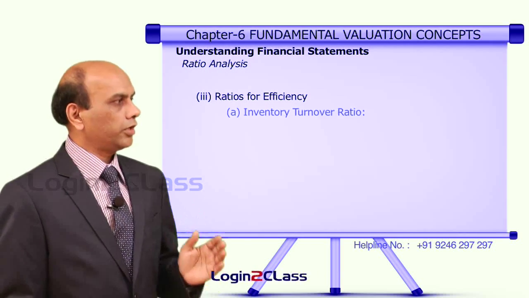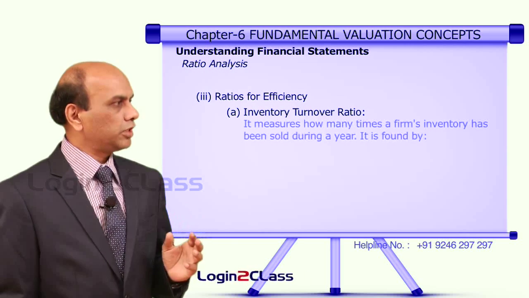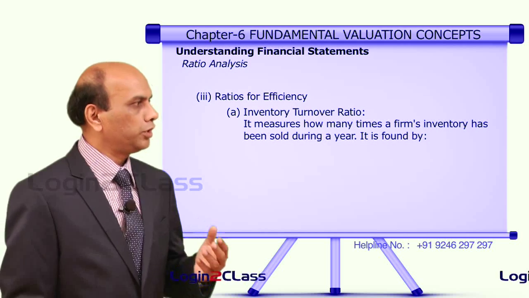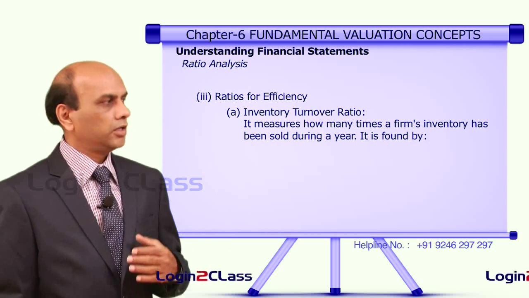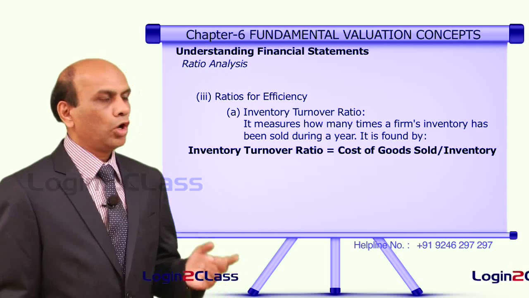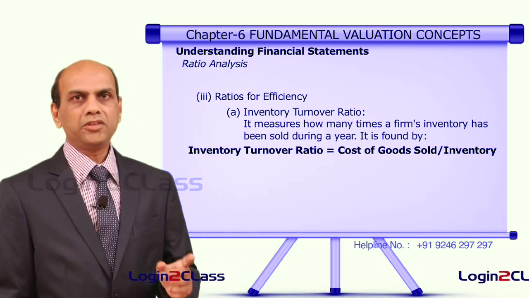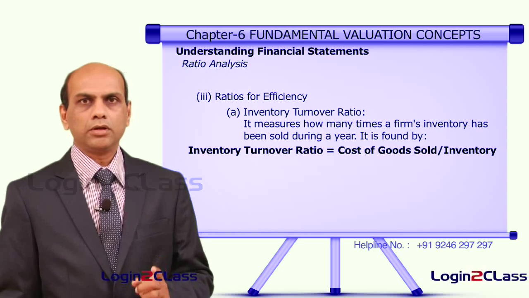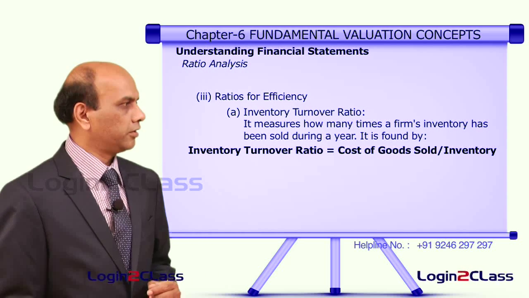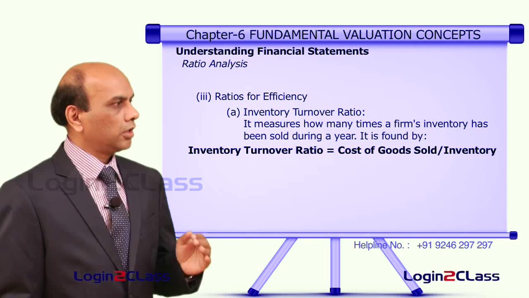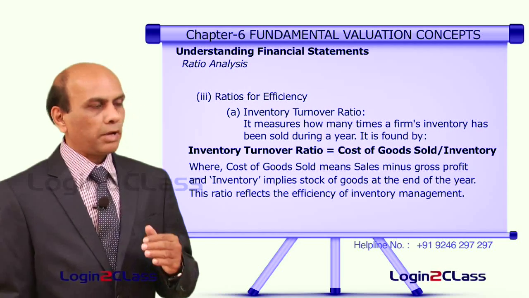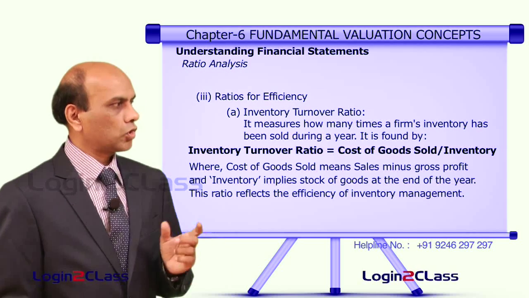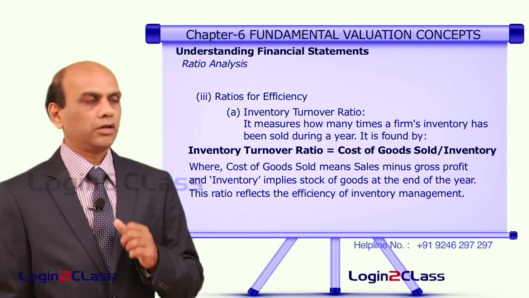One, inventory turnover ratio. This measures how many times a firm's inventory has been sold during a year. It is found by: inventory turnover ratio is equal to cost of goods sold in that particular year divided by inventory at the end of the time period. Cost of goods sold means sales minus profit, and inventory implies stock of goods at the end of the year.